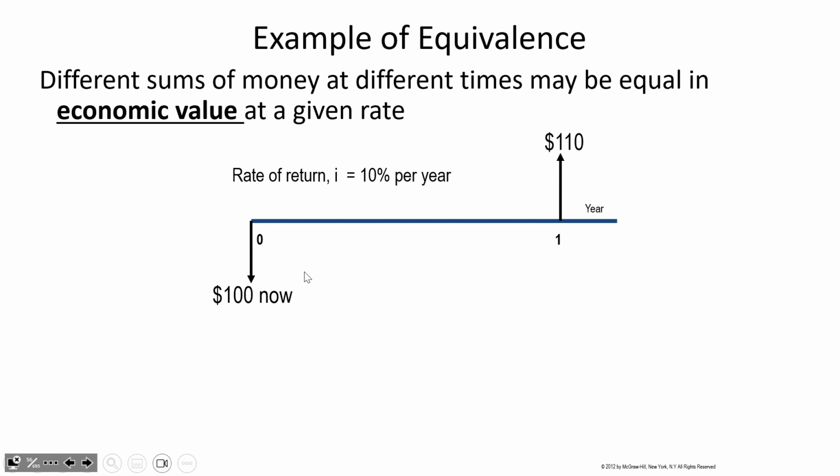Sometimes it will be related to delayed payments, where you can either pay a certain amount now, or you can pay more in the future, and how much would that be in the future if you delayed paying your bill? In a case like that, both of the arrows would be down. So keep a close eye on whether it's an outflow and an inflow and what the problem statement is saying. But these two amounts are economically equivalent.